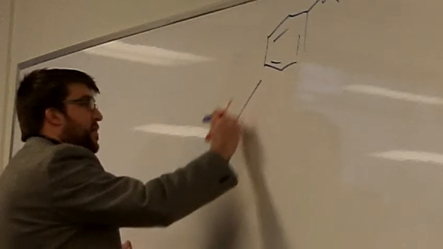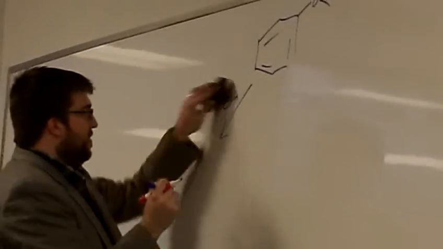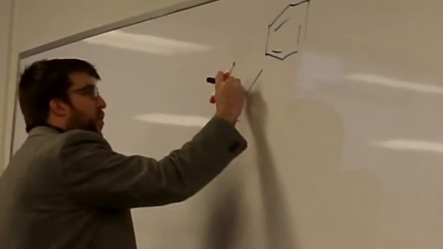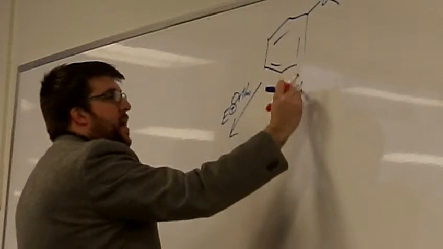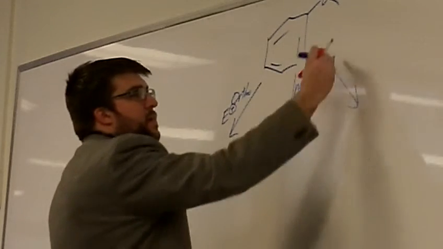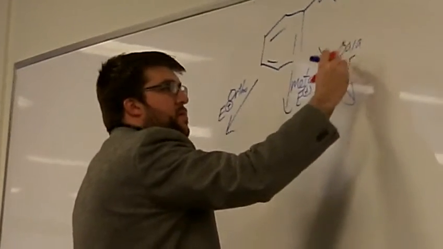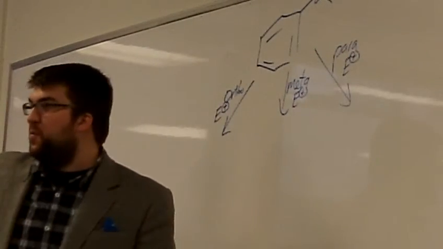So let's do that. Let's add it ortho, E plus. Add it meta, E plus. Add it para, E plus. I want this half of the room to do this one. The other half of the room is going to do this one. On the back side, you have this molecule.